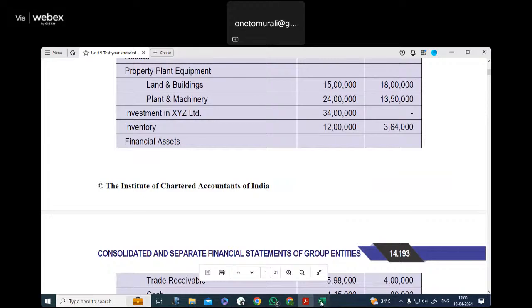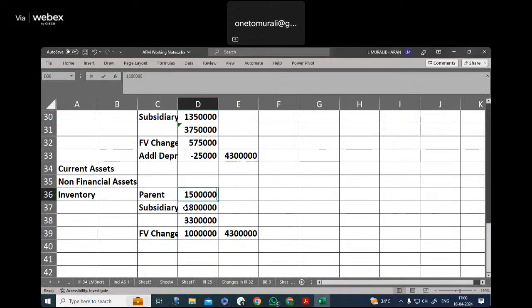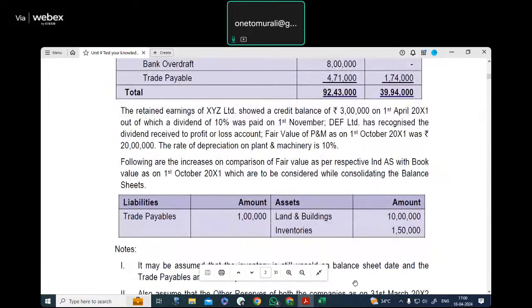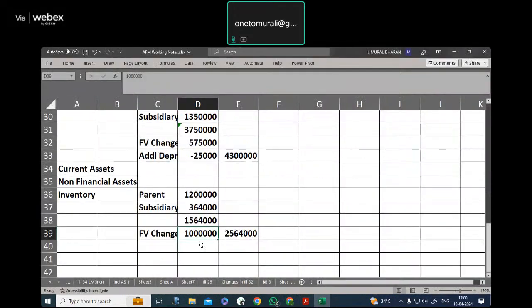Inventory 12 lakhs, 3 lakhs 64,000. Fair value change. How much is the change that we have got to take up? So inventory change that you have, that we have captured to the extent of 150. Correct?